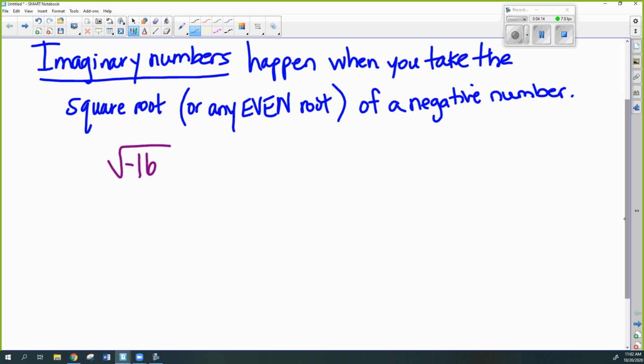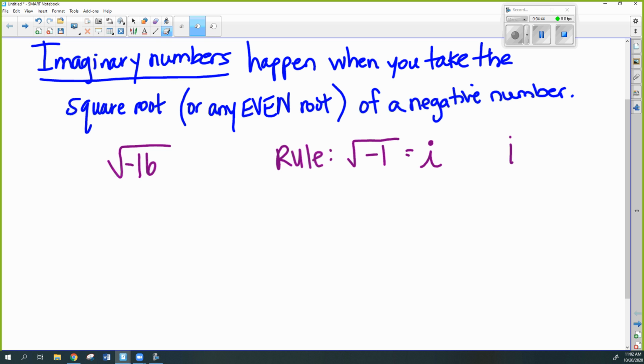So there's a rule that mathematicians came up with years ago that said the square root of -1 is equal to i. Now, you will only see it as a lowercase i, and most of the time it is not just a straight up and down, because they want to make sure that it doesn't look like a 1 or anything like that.